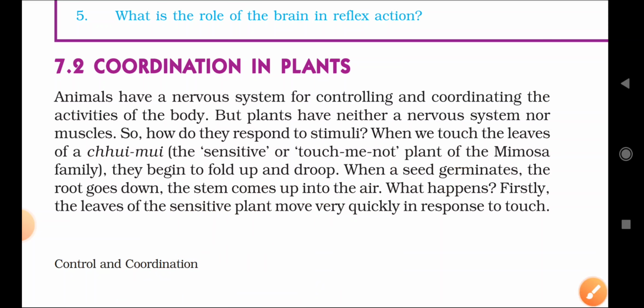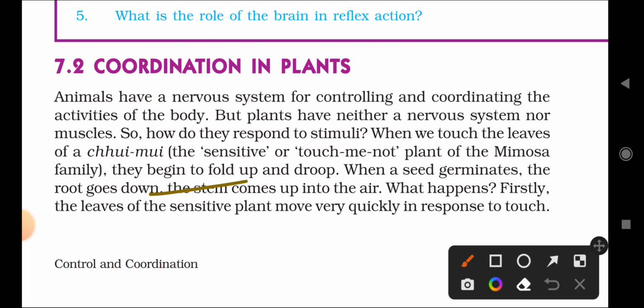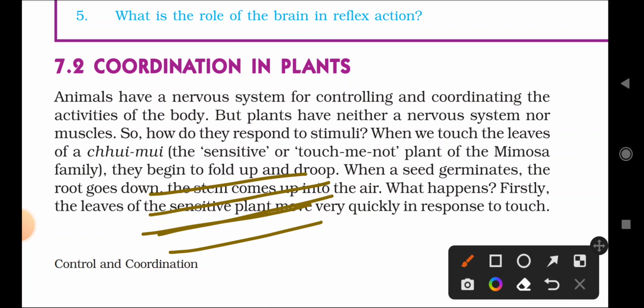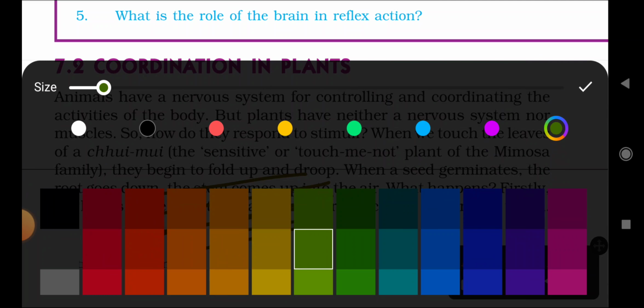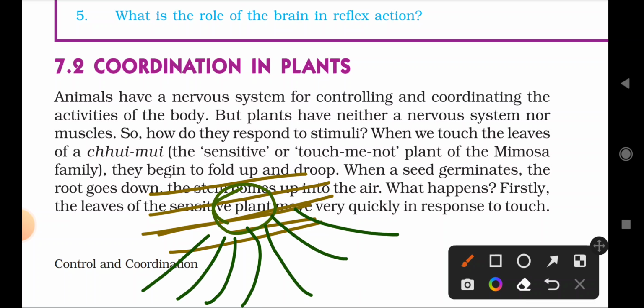Okay, I will explain diagrammatically. This is the soil, and this is a seed. When the seed is sown in the soil, it germinates and the roots grow in the soil.